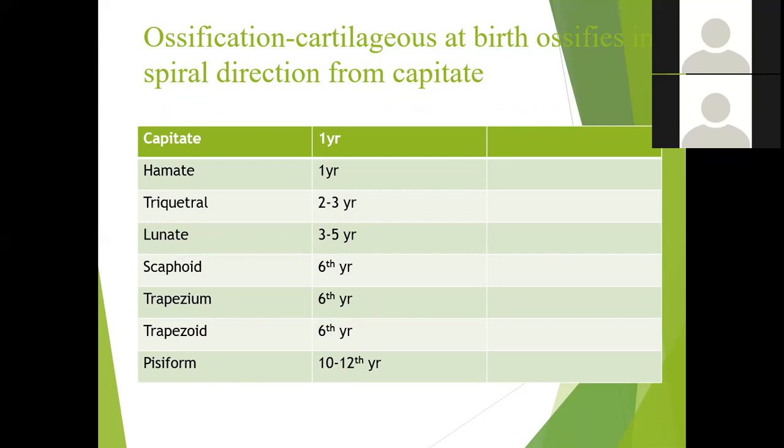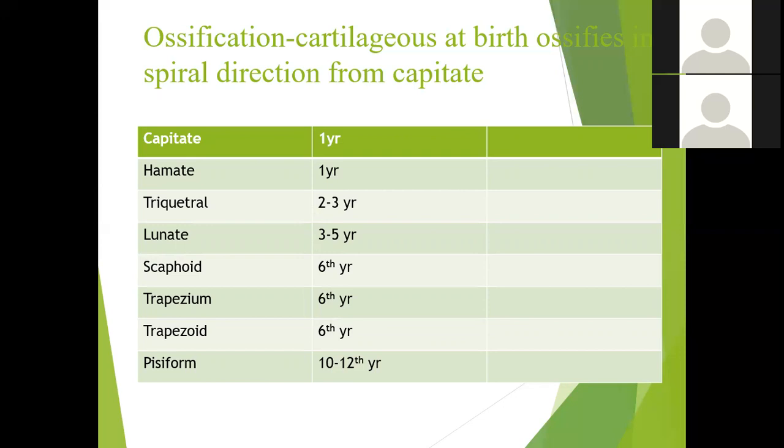It starts from the capitate; the first bone to ossify in the carpal is the capitate. The first is capitate, second hamate, then triquetral, lunate, scaphoid, trapezium, trapezoid, and the last bone to ossify is pisiform. So this is how the carpal bones are ossified, in a spiral direction.